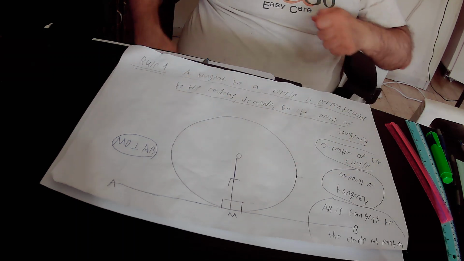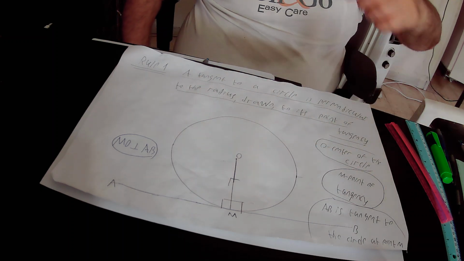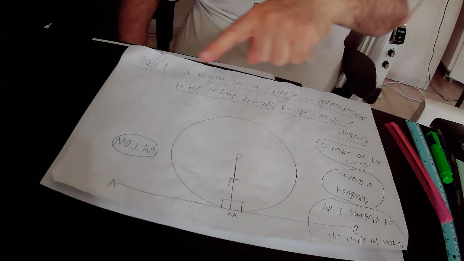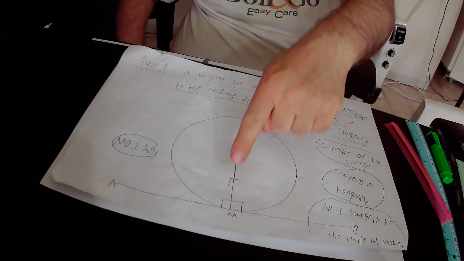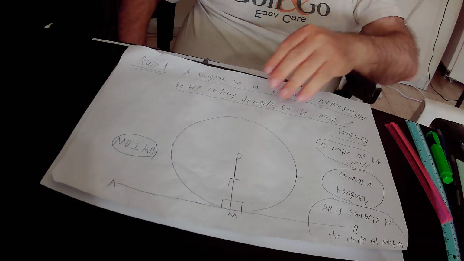Whenever you have a radius drawn to the point of tangency, the tangent AB will be perpendicular to the radius MO. If AB is perpendicular to MO, this angle equals 90 degrees, and this angle also equals 90 degrees according to rule 1.